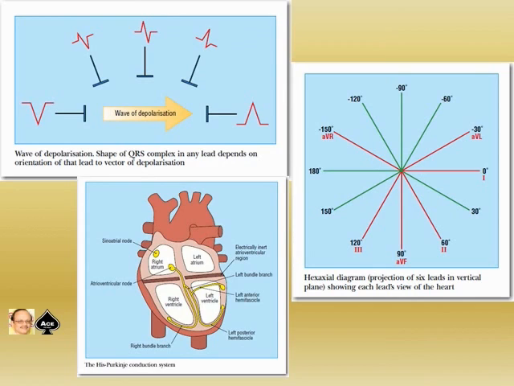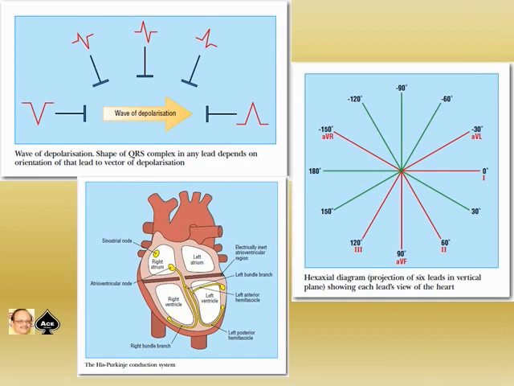Now the picture shows the wave of depolarization. The shape of the QRS complex in any lead depends on the orientation of that lead to the vector of depolarization. The big arrow shows the wave of depolarization from negative to positive. If it is flowing this way, you will get the deflection as shown on the right side.